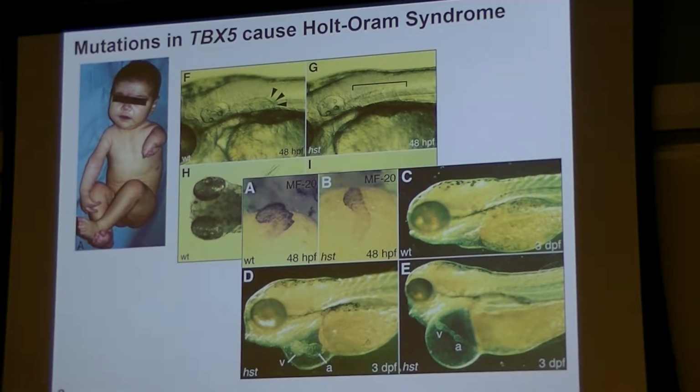So 2 totally different tissues, the forelimbs and the heart, and both the fish and the human have an exact parallel in the defects within these 2 structures. So we can learn a lot about what TBX5 really does inside the cell in zebrafish, and then translate that over to humans and see whether or not it's doing exactly the same thing, and there's bound to be some similarities.